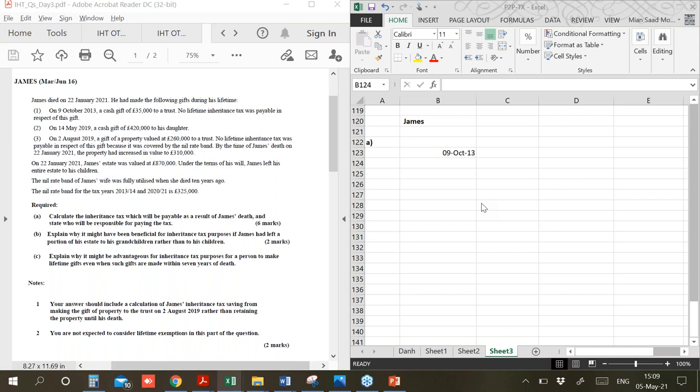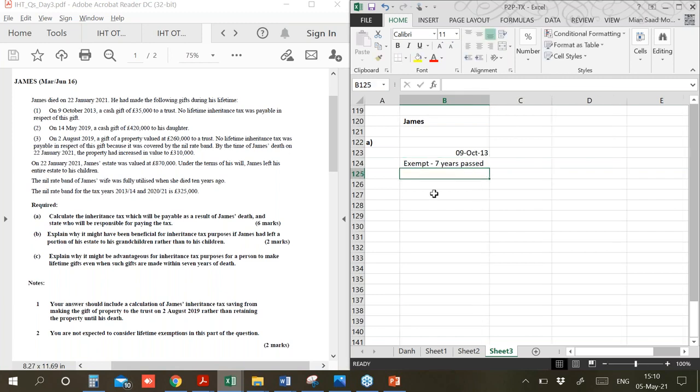Because the 7 years have elapsed. From 9 October 2013 to 9 October 2020, there will be 7 years complete, and he has died after October 2020. So this will not be chargeable on his death. So I can score an easy mark just by mentioning that it is exempt, 7 years passed. Okay, simply that.